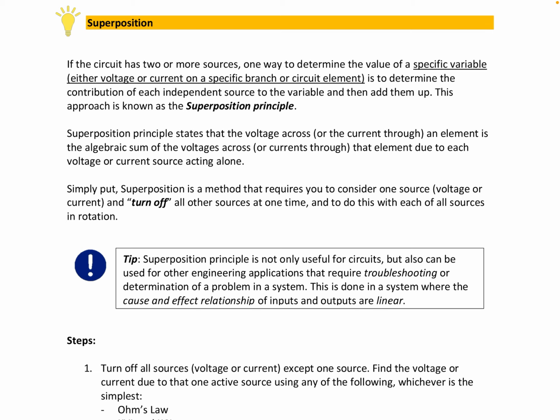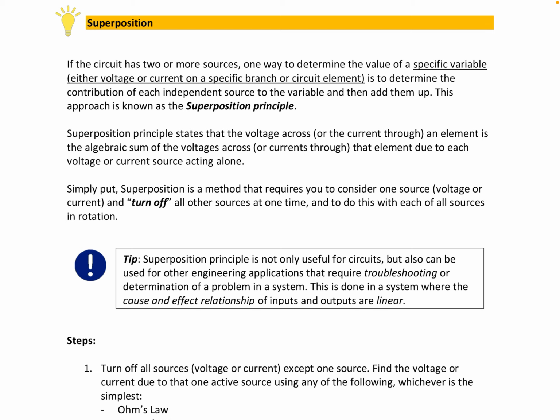So for circuits which have two or more sources, the superposition theorem tells us to analyze the circuit one voltage or current source at a time, and then we will algebraically add the result of each voltage or current source as if it is acting alone.